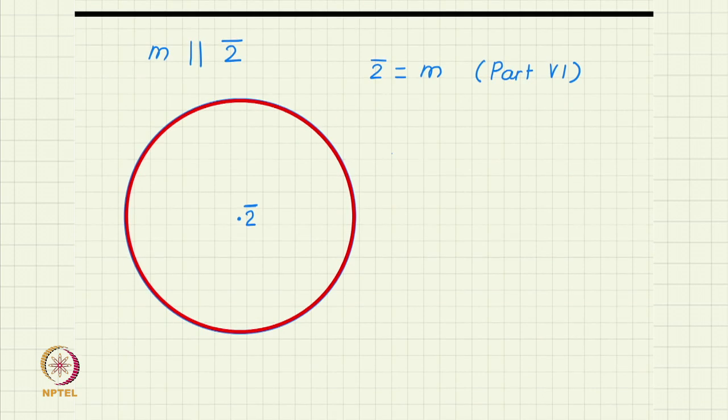Now, the other so-called trivial case is trying to put a mirror parallel to a 2 bar. So, a 2 bar axis has been put in the center. Since it is 2 bar, we have seen in part 6 that 2 bar is equivalent to a mirror plane, and that mirror plane is perpendicular to the 2 bar axis.